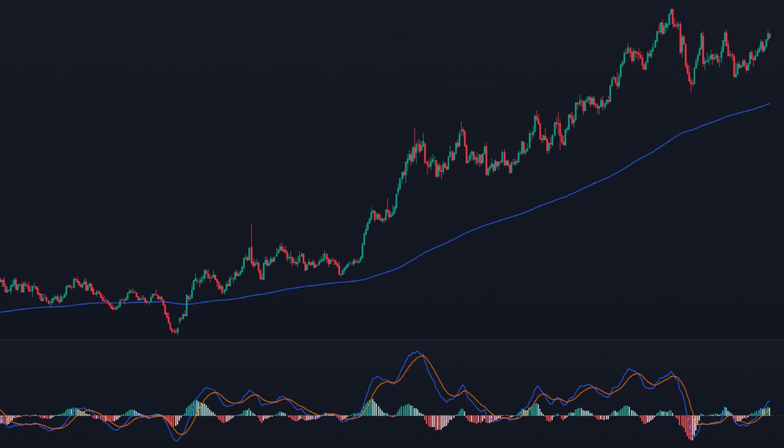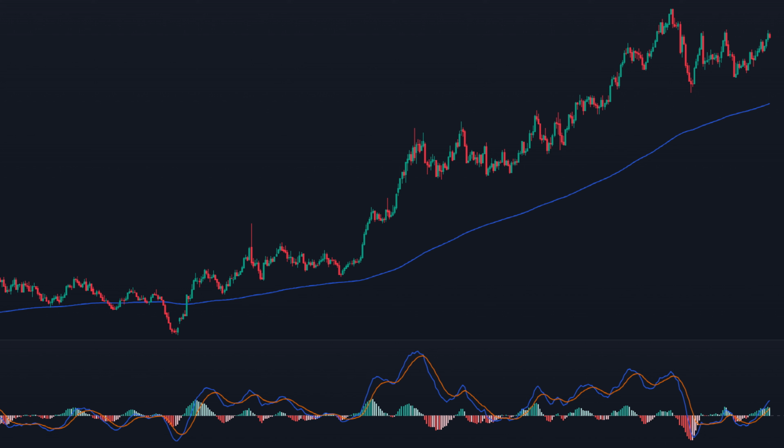For buying, you should make sure that the chart is above the 200 EMA and the MACD line crosses the signal line upward below the zero line. In this case, you are sure and there are enough confirmations for you to enter the market for buying and a long position.